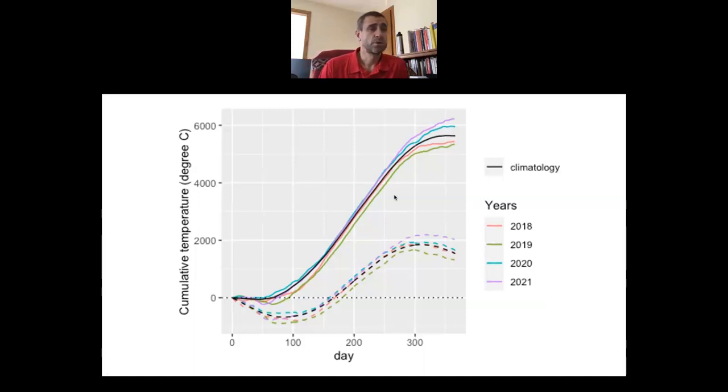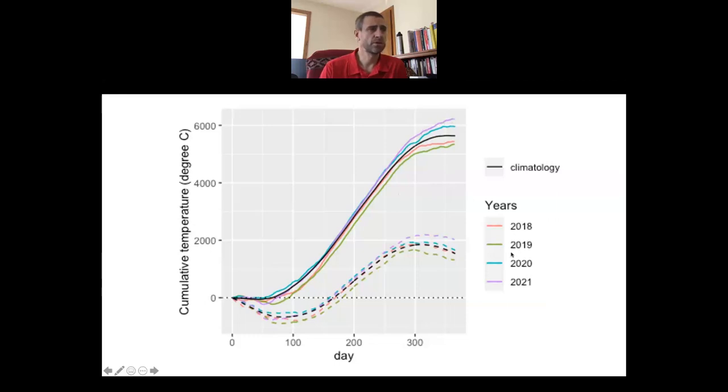For the cumulative temperature, I'm producing a very similar graph here, just with 2018 through 2021 instead, more recent years. And notice that the departures from the climatology are not quite as striking. It's usually easier for people to remember last year than previous years, but notice that in 2021 we had a fairly warm fall, and this is what you see here, this departure from the previous years.